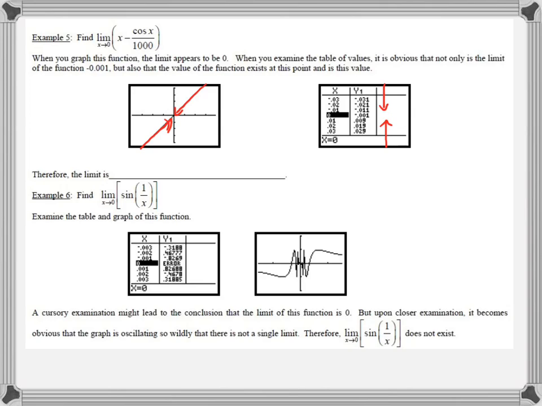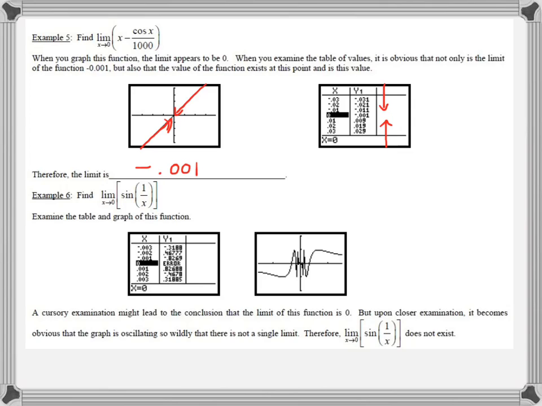So if you have a table or an equation, you're going to want to examine it more closely. If you don't have an equation, then you go with your best guess, which is 0. But since we have the table and the graph, we know that our limit is negative 0.001 instead of 0 like it looks.